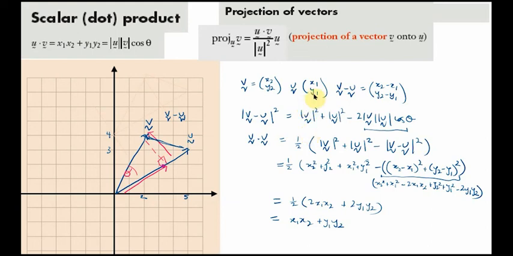We can use the component form to express those magnitudes. So now we've got an equation where we've got the dot product on the left side and the component form on the right side, which expands and simplifies to give us x1 x2 plus y1 y2.